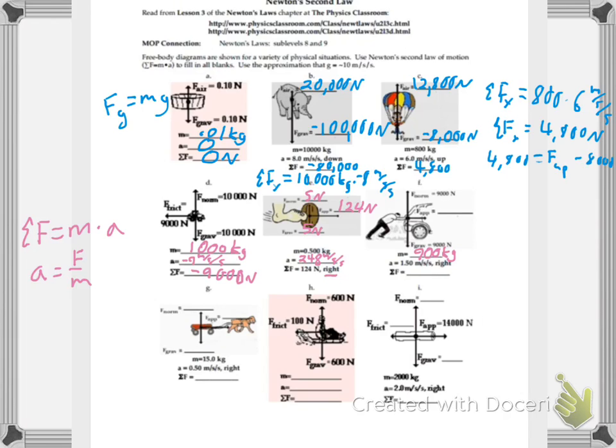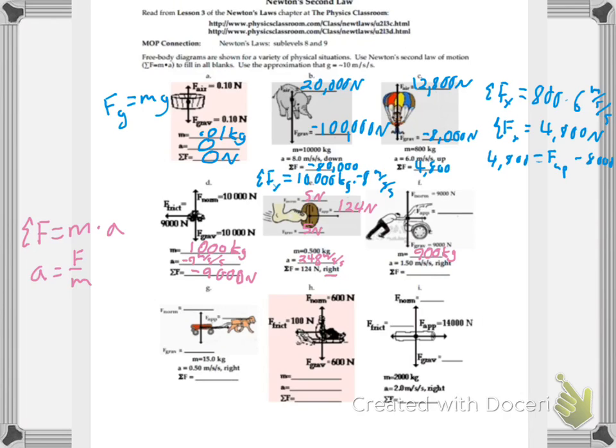So this object is accelerating to the right, and according to the force diagram that's drawn, there is no friction acting to the left. It seems strange, but that's how the force diagram is drawn. So with no friction to the left, the sum of the forces in x will be the applied force. We know a mass and we know an acceleration.